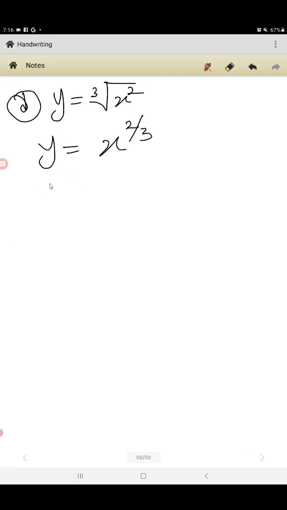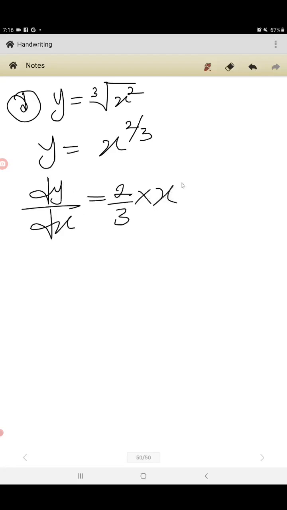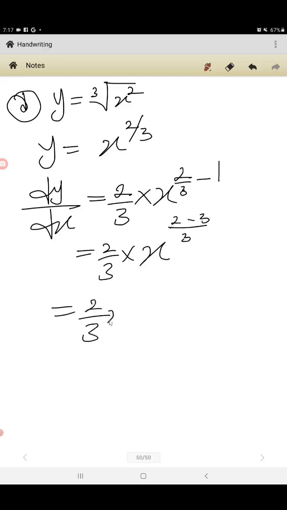So we just have to say that dy over dx is equal to 2 over 3 times x raised to 2 over 3 minus 1. So we have 2 over 3 x raised to minus 1 over 3.